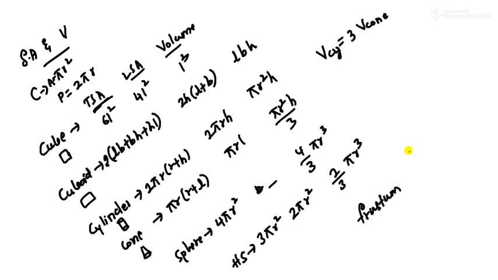And at last you have the frustum. A frustum is like this, when a cone is cut from one side, it will look like this. You have to remember the TSA, LSA, as well as the volume of this. I will write it here.